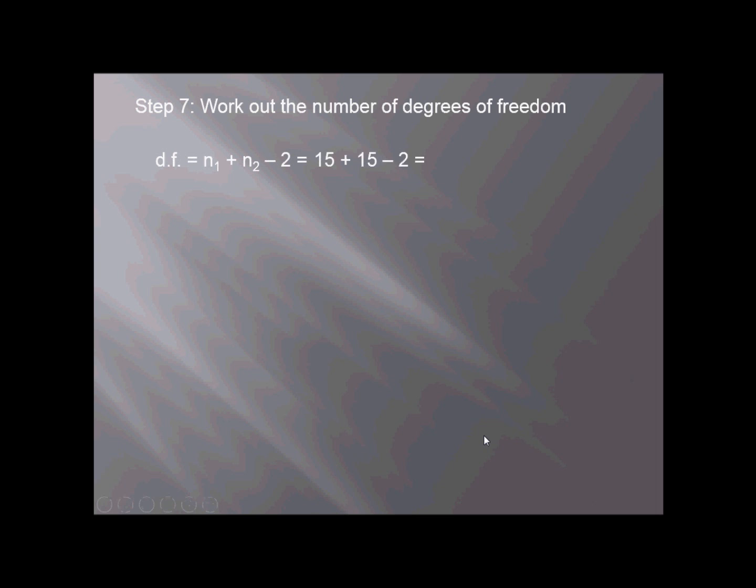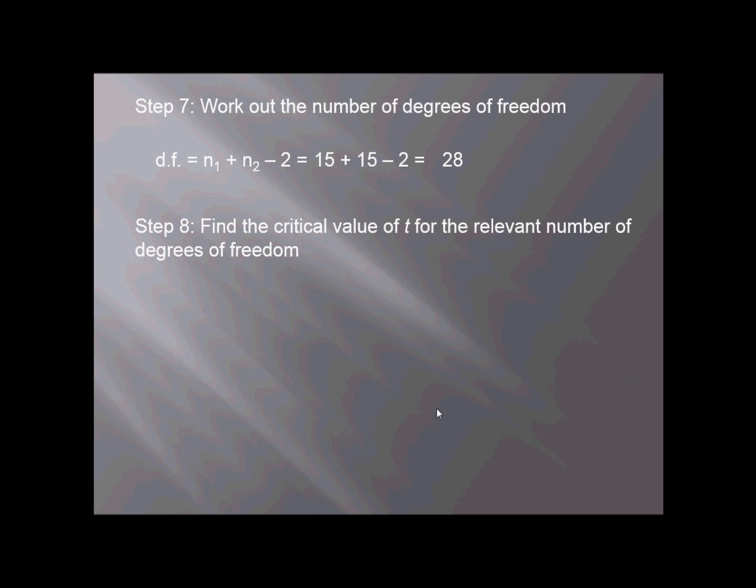Then we need to work out the number of degrees of freedom. From the example, it's given that n1 and n2 are both 15. So we can calculate the degrees of freedom: 15 plus 15 minus 2 equals 28. And now the last part, we need to use the 95% confidence limit to find the critical value in the table.